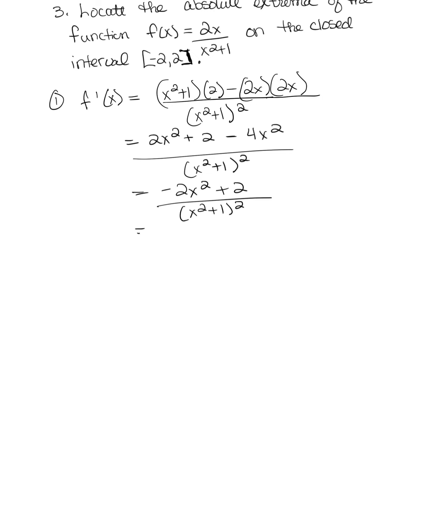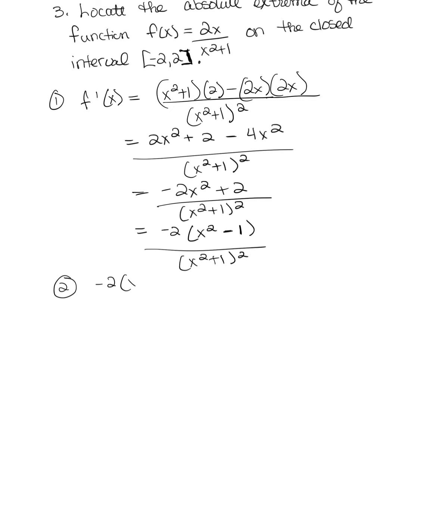This can be simplified. Okay, so let's take out a negative 2, and you get x squared minus 1 over x squared plus 1 squared. Okay, then we're going to set this equal to 0. So we set the first derivative equal to 0.